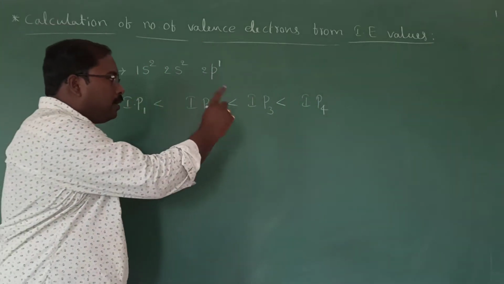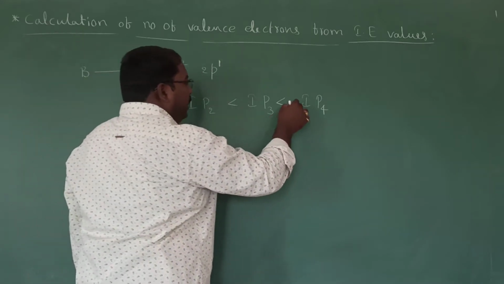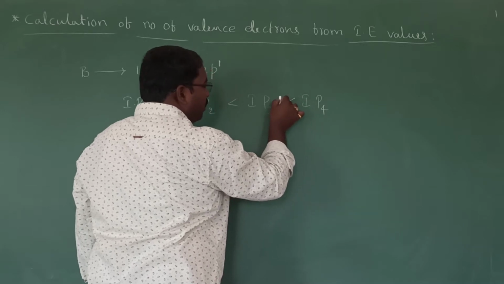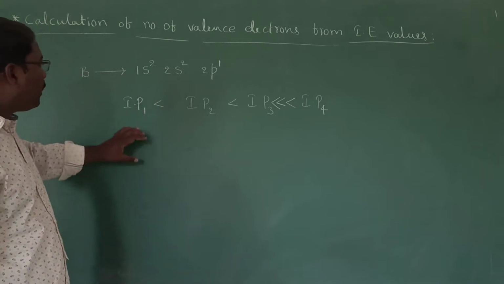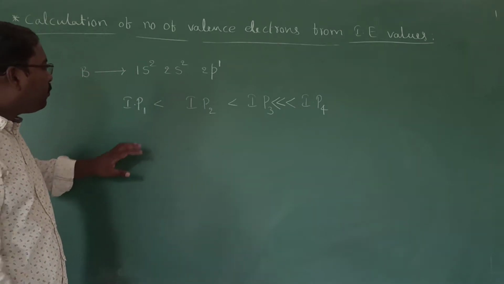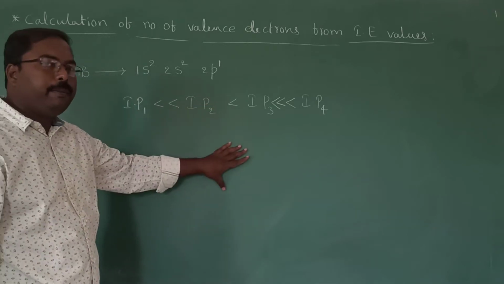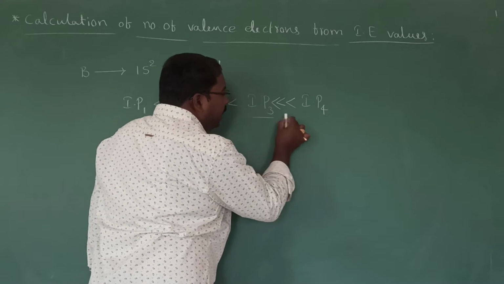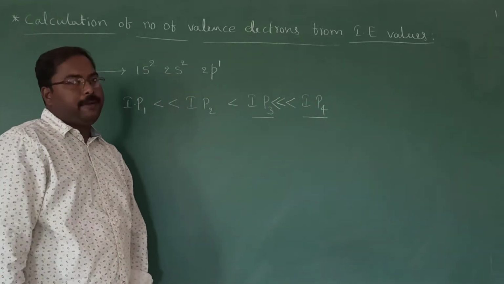Here, my question is, I will give the answer, then based on that we will discuss. Practically, if you observe the ionization potential values of boron, the order is the same, but the difference between IP3 and IP4 is very high.